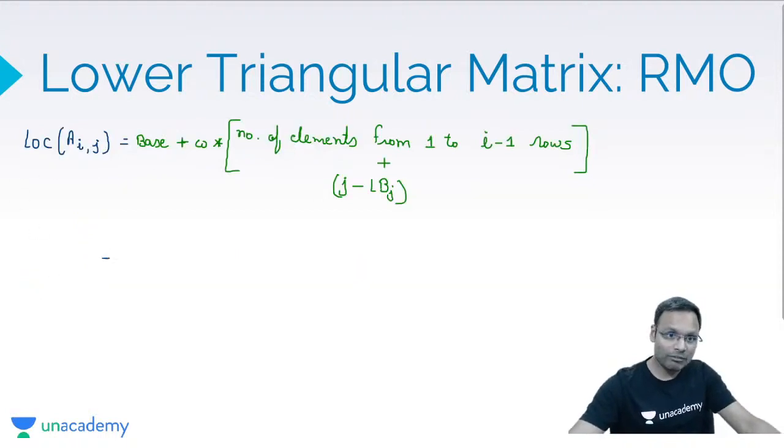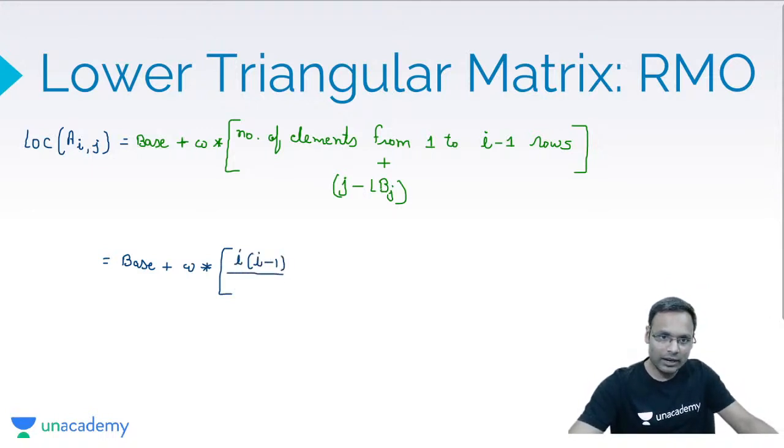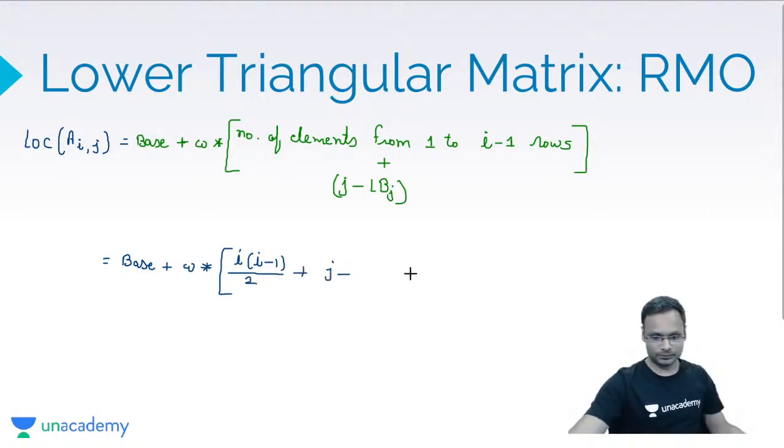So my formula will become base address plus W into I minus 1 divided by 2 plus J minus lower bound of J.